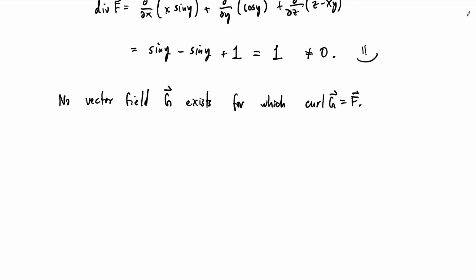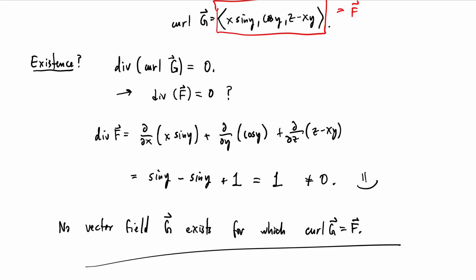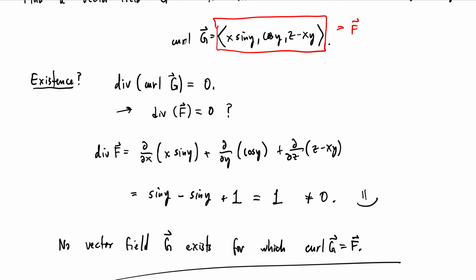All right, so this is a useful check here. The given vector field F cannot be realized by the curl of any other vector field because it is not divergence free.